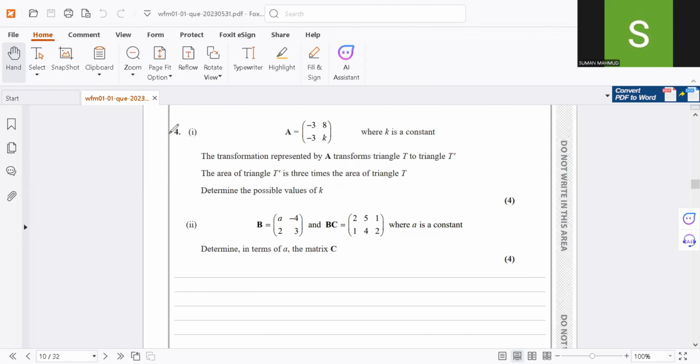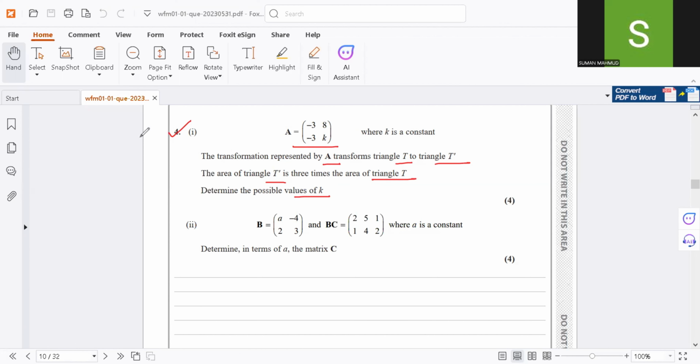At first, read the question carefully. Question number 4. Here A is a 2 by 2 matrix where k is a constant. The transformation represented by A transforms triangle T to triangle T prime. The area of triangle T prime is 3 times the area of triangle T. So determine the possible values of k.